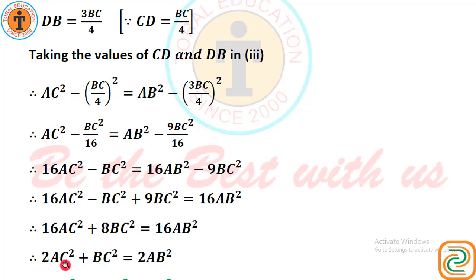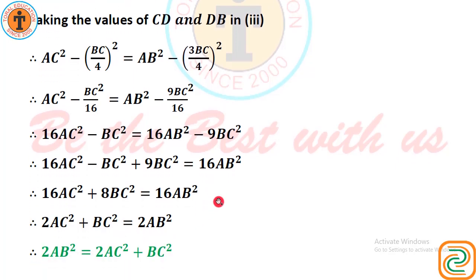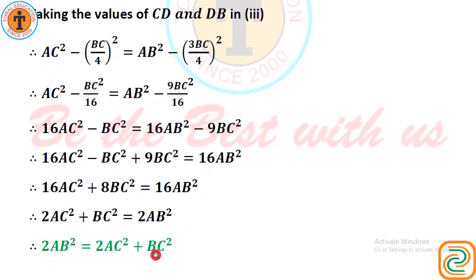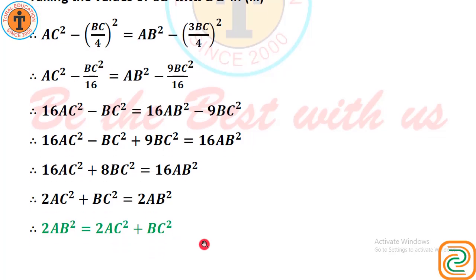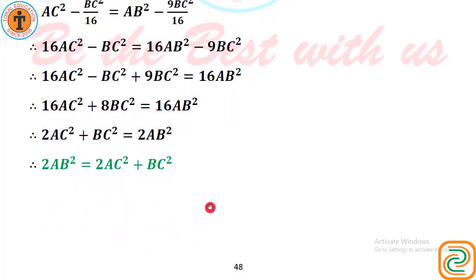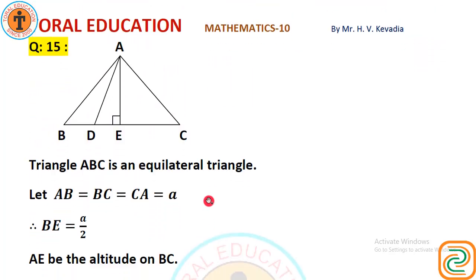We will get 2 AC square plus BC square equals 2 AB square. Now what do we need? We need 2 AB square equals 2 AC square plus BC square. This is our answer.